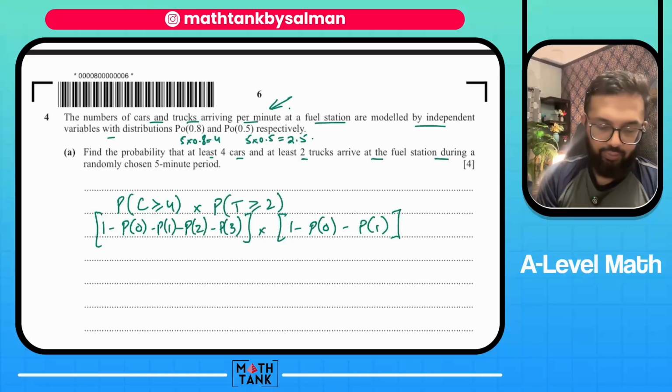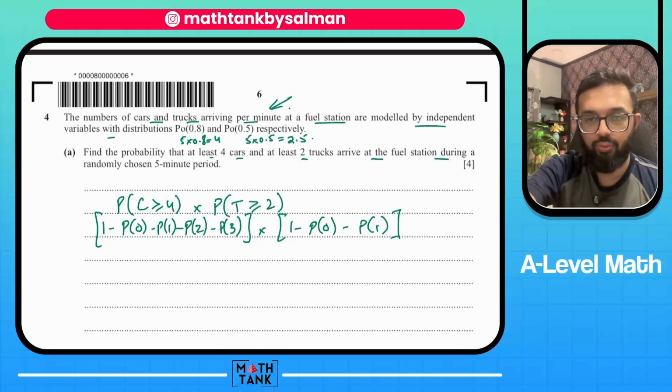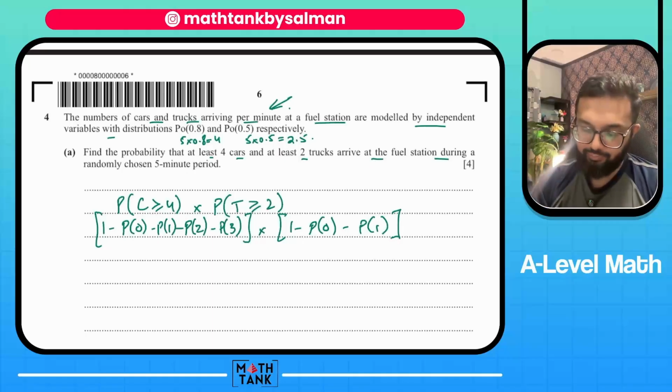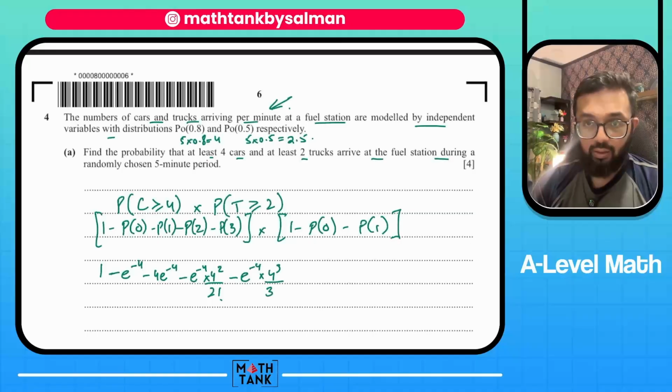I can use Poisson. I should actually write down something first. Okay, 2.